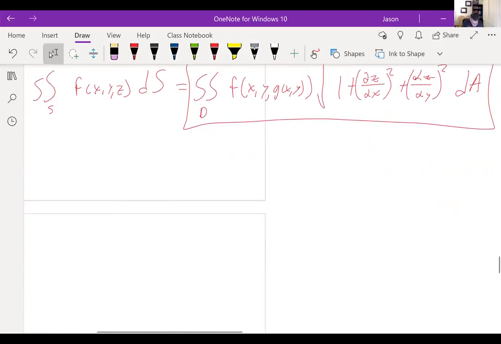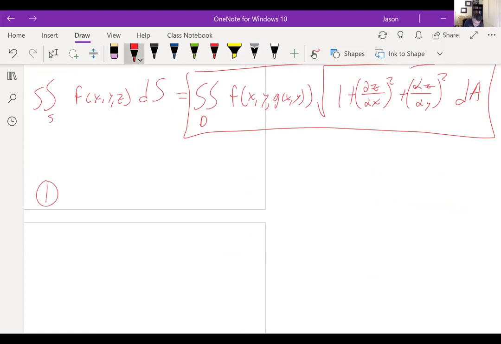Therefore, let's do a problem here. Evaluate the surface integral of y dS. Again, we don't know if this is 2 dimensions or 3 dimensions. We do know it's 3 dimensions because it's got a double integral, but we just use that capital S to designate that it's y, but in 3 dimensions.